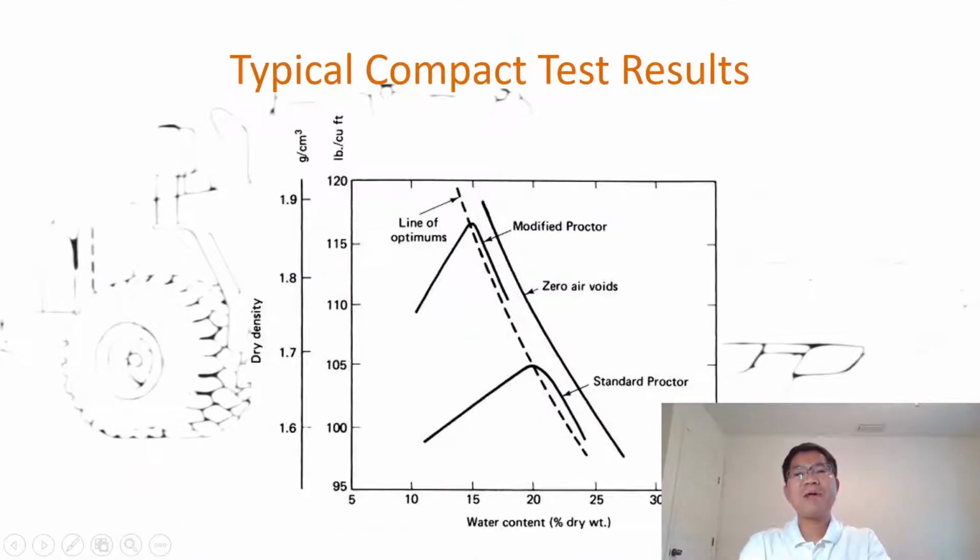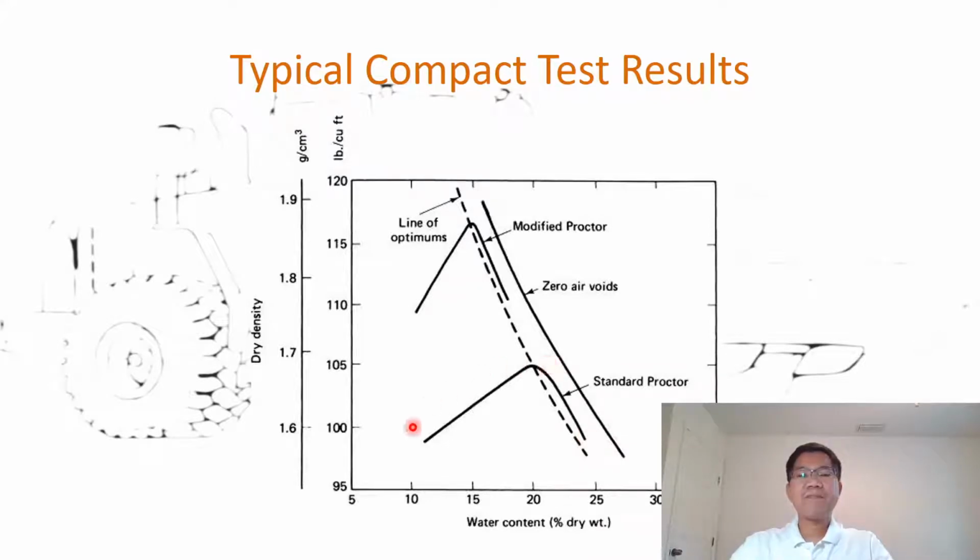This graph is familiar to you, used to determine the desired density, and also the relationship between the water content and the dry density. We do the compaction several times with different water contents. For example, for standard Proctor, we drop with the water content and measure the dry density here. And then of course other water contents, and we have that curve for a certain soil.